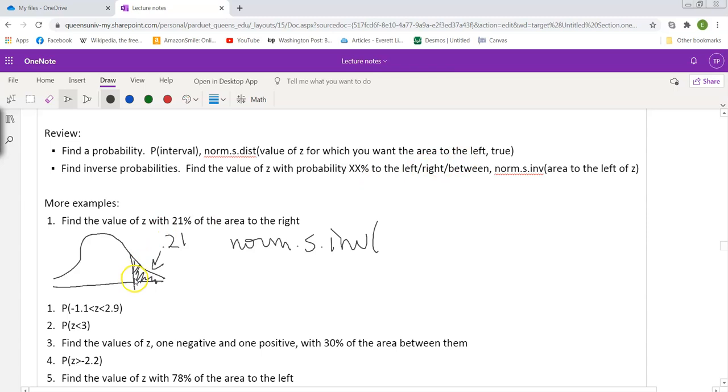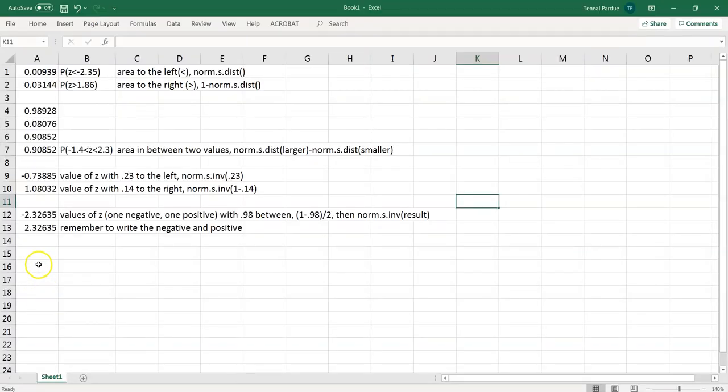So if 21% is to the right, that means 1 minus 0.21, which should be 0.79, is to the left. So NORM.S.INV of 0.79 is 0.8064.